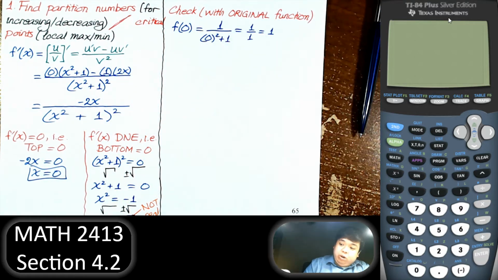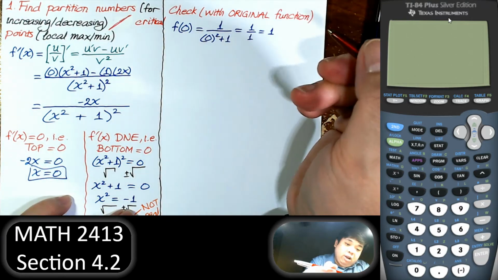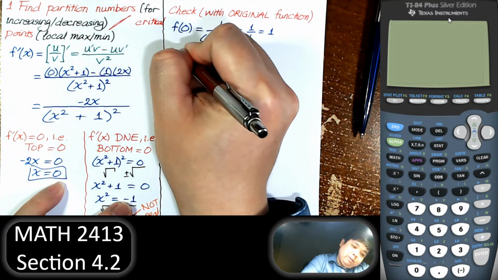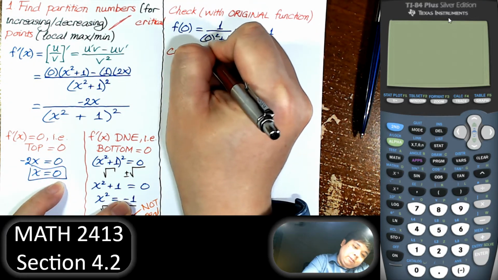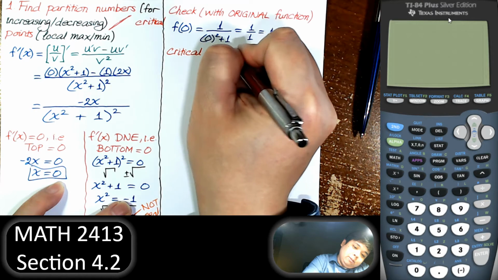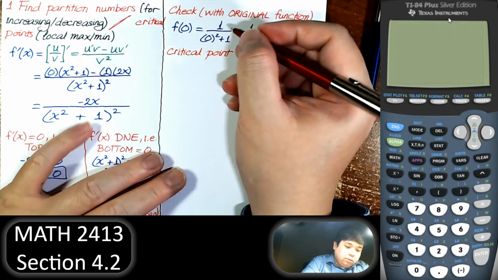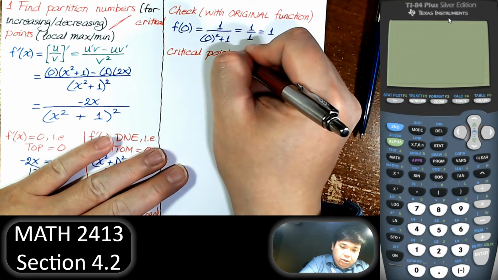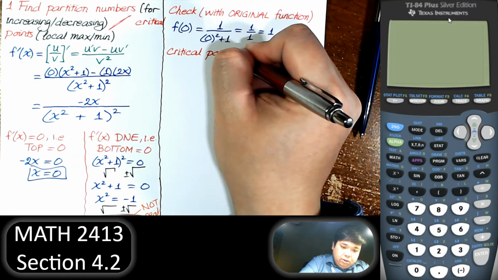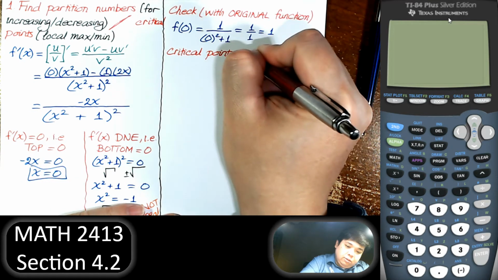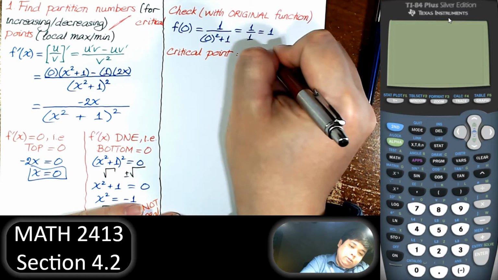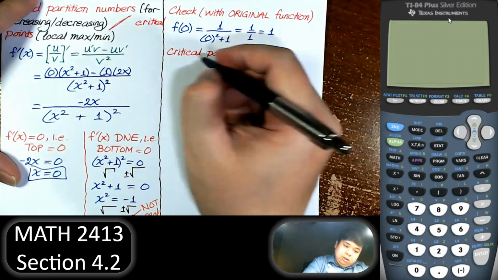So we do have a critical point at x equals 0.